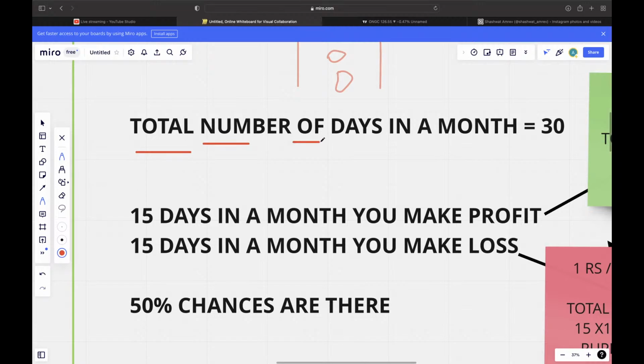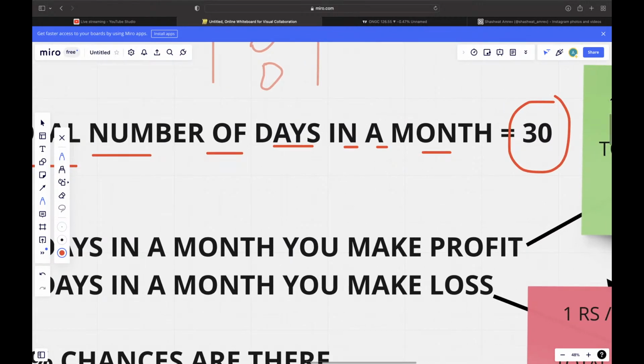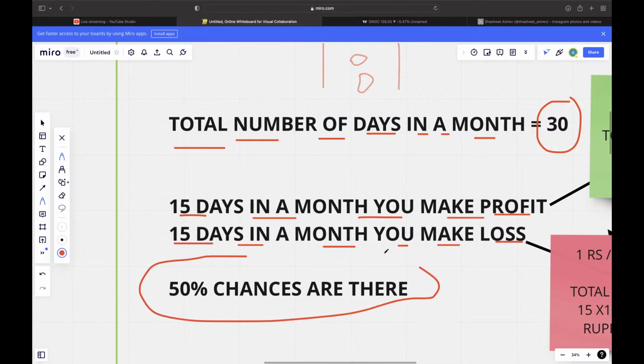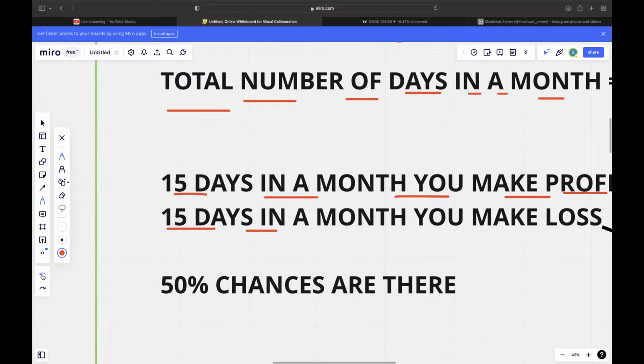Total number of days in a month, how many are there? 30. 15 days in a month you make profit, 50-50 chances. 15 days in a month you make loss, 50-50 chances.